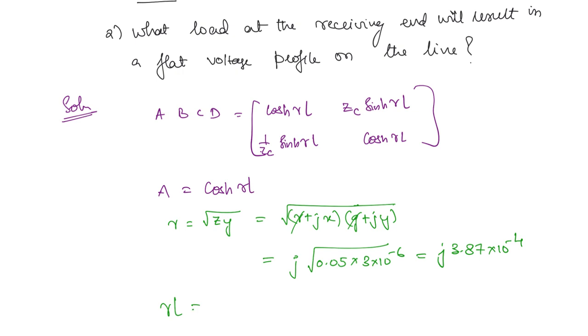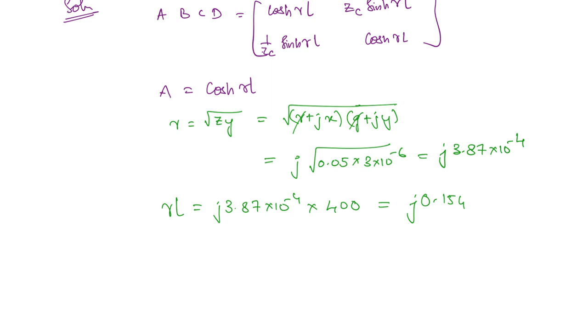Then what is gamma L? This is equal to J 3.87 into 10 to the power minus 4 into the line length in kilometers. Why? Because this is given in per kilometer. So this you are going to get J 0.154. Okay. Now cosh gamma L is equal to cosh J 0.154.